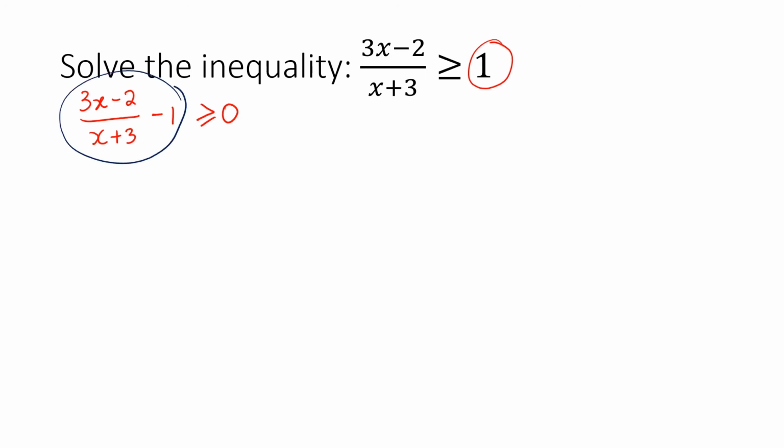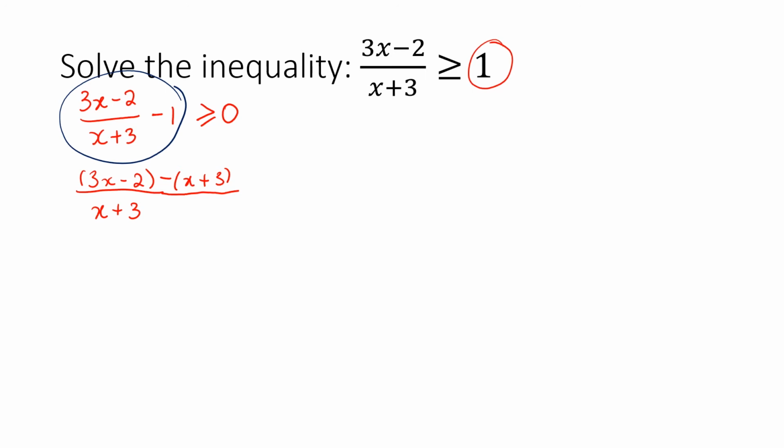But we need to make this a rational expression. So all we do is we find the common denominator like we do in other fractions. So our common denominator is x + 3. The first part will be the same, 3x - 2, but we're going to subtract x + 3 because 1 is the same as (x + 3)/(x + 3). Okay?